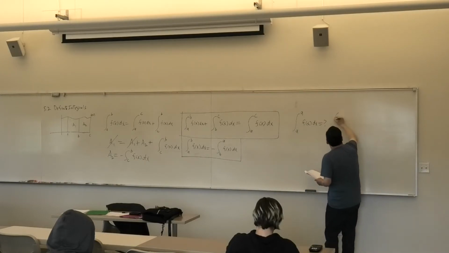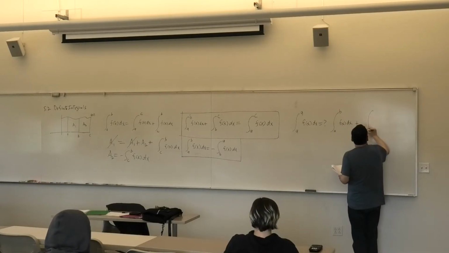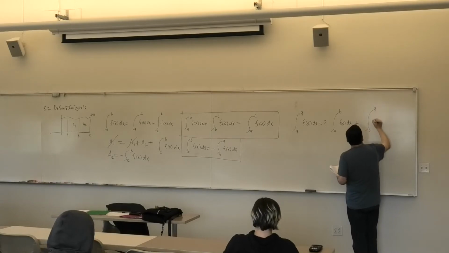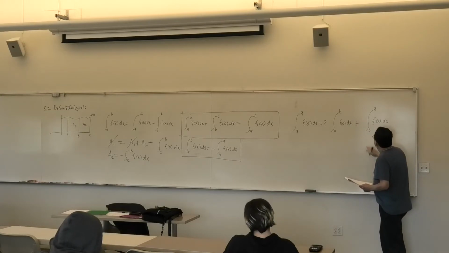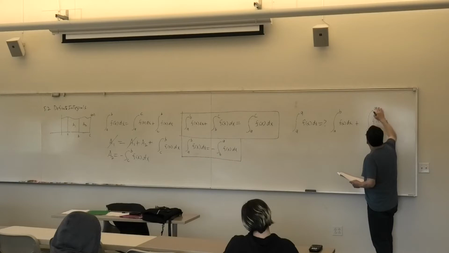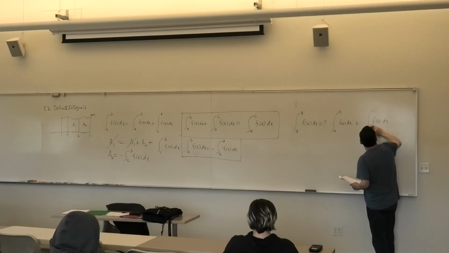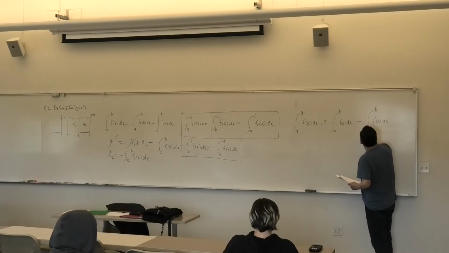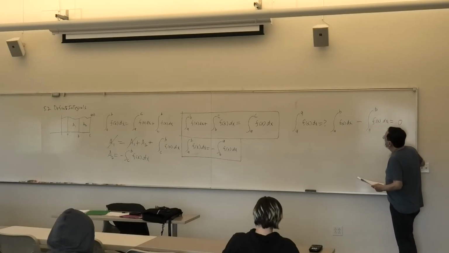Well, that would be the integral from a to b plus the integral from b to a of f of x dx. But I can just switch these by my second rule and make this negative, and I get 0.